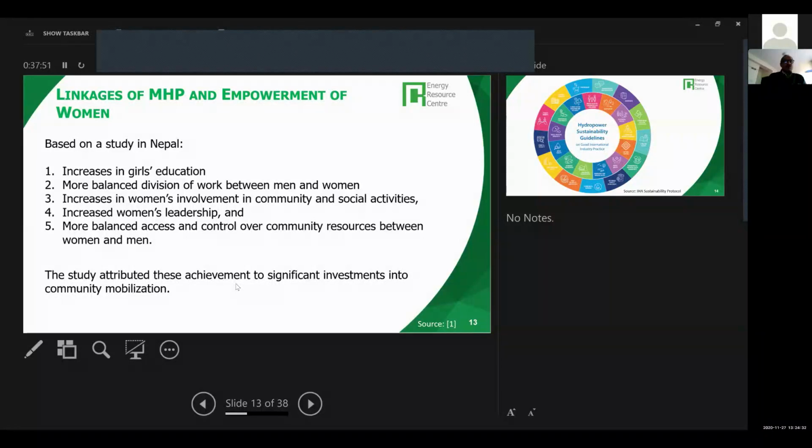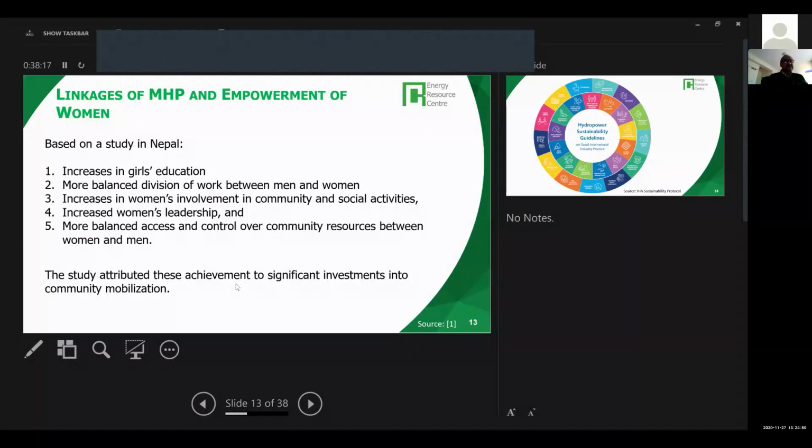Women were more empowered, so they took up leadership roles, because providing access to energy in rural villages really helped women's empowerment as well. There was more balanced access and control over community resources between men and women. So gender equality and equity were promoted.